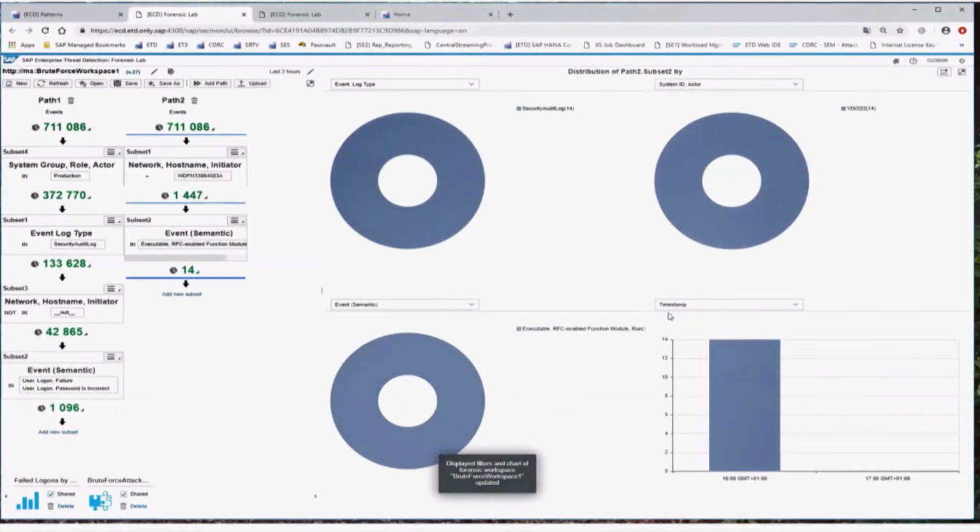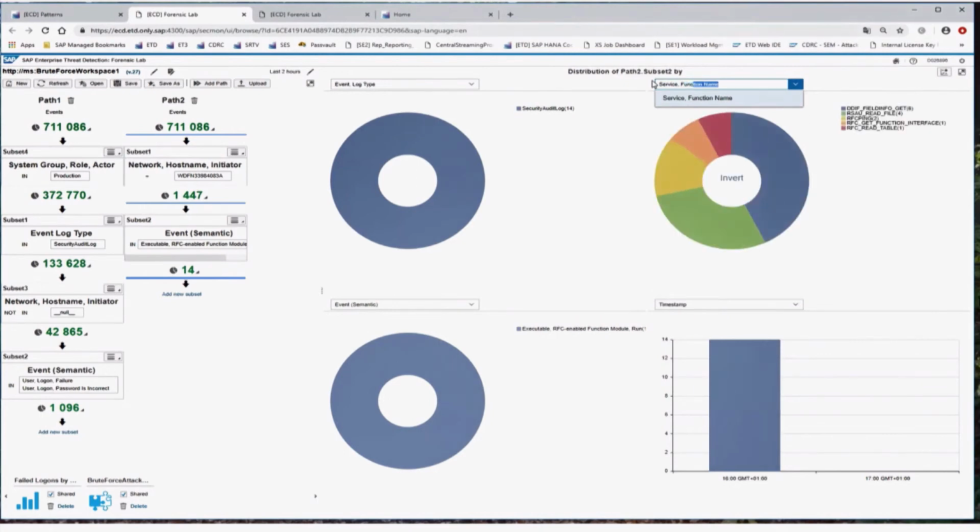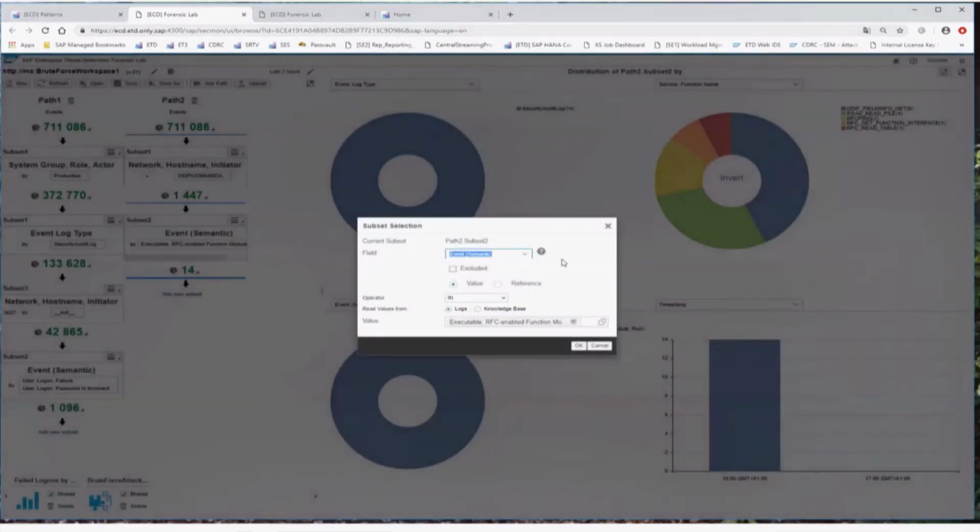Here we see there were 14 instances where he was able to look at Y13-222. So we're going to check out the specific function that he ran. And we see here that he was reading a table. So he was able to read data, and it was the security audit log, as you can see there.